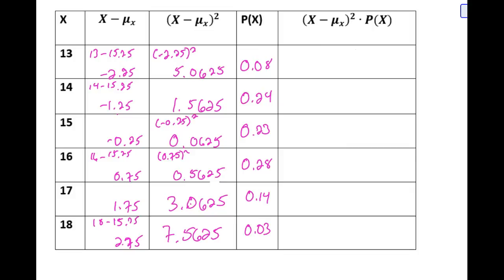So I'm going to take 5.0625 times 0.08, and I will get 0.405.